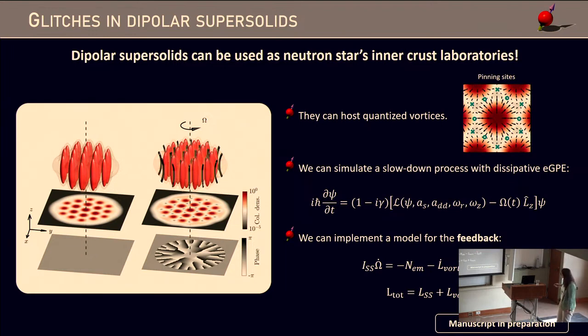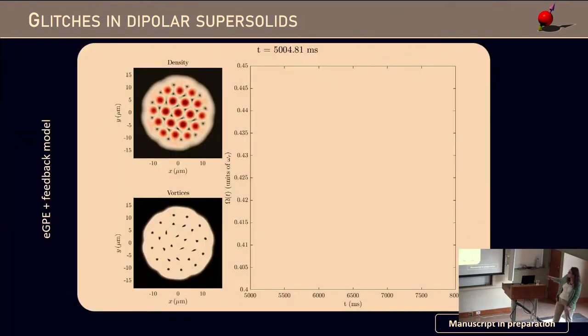With this model, we are saying that during the slowdown process, every time the supersolid loses a vortex, its angular momentum is reabsorbed by the solid part of our supersolid. So by solving in real time these two coupled differential equations, because the result of this differential equation is omega that then goes here, we obtain, for example, these results.